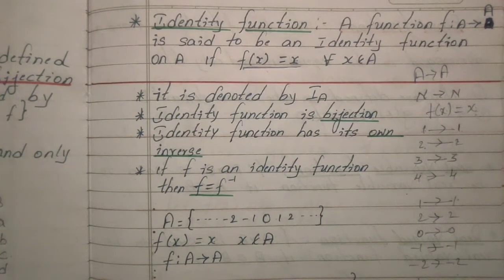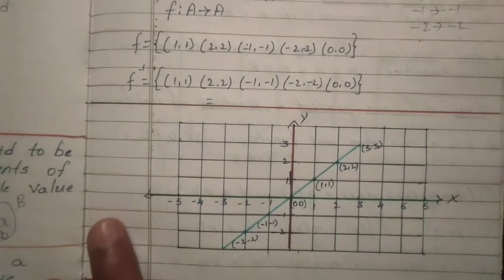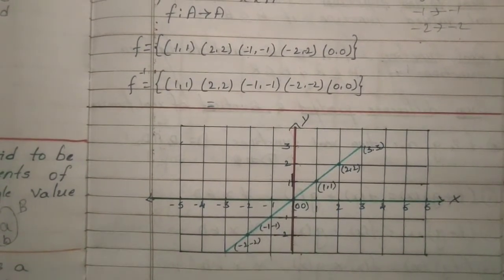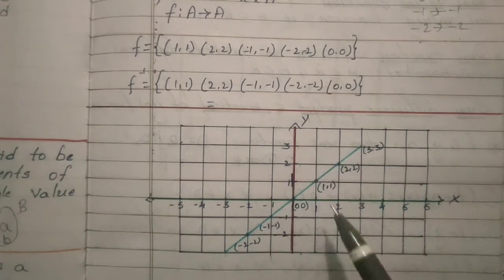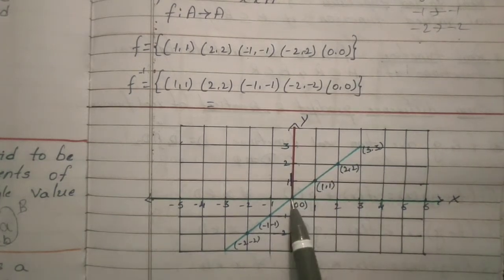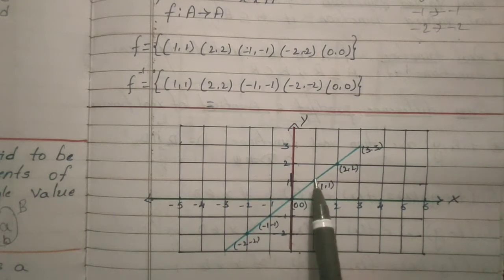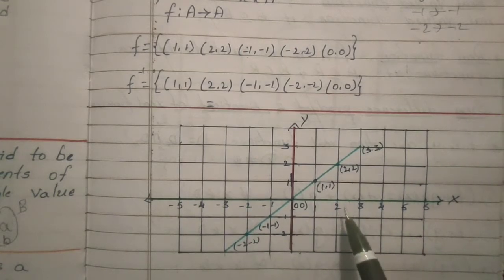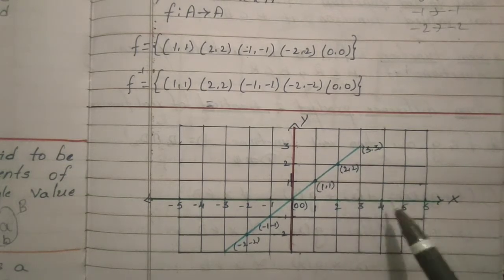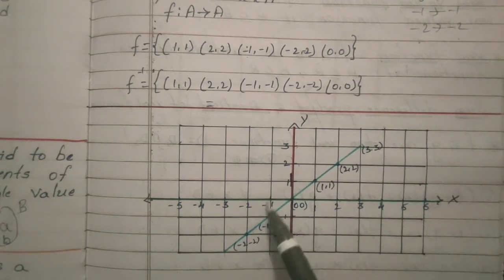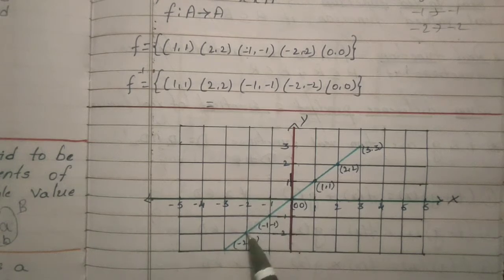Okay. Now let us understand how the graph will look for this function. This is the x-axis, y-axis. If I take 0, I am getting 0. 1 means 1. If I take 2, I am getting 2. 3 means 3. 4 means 4. -1 means -1. -2 means -2.